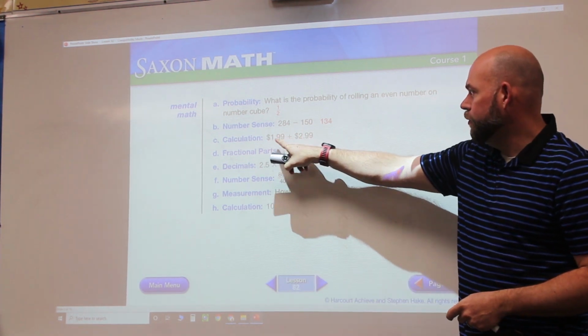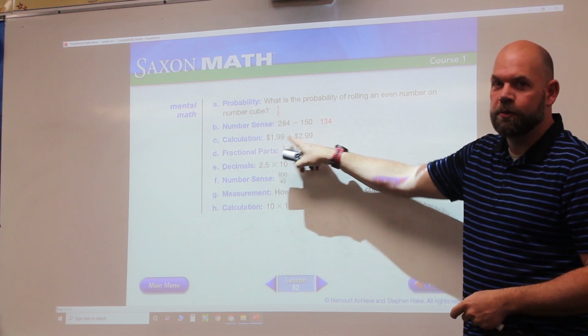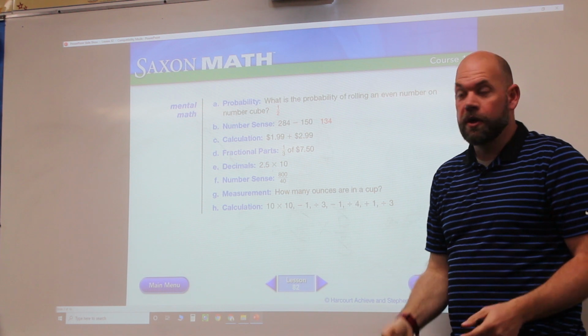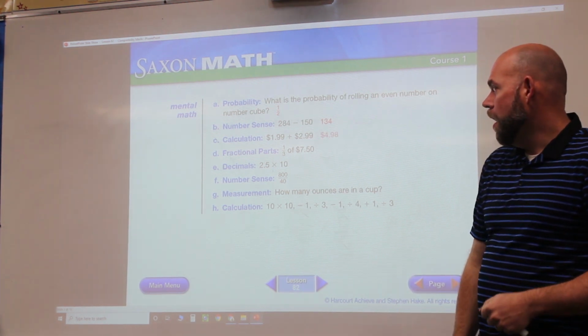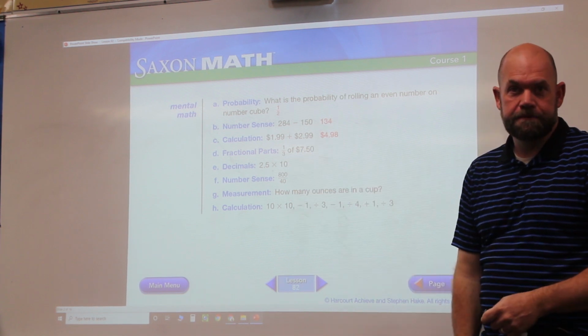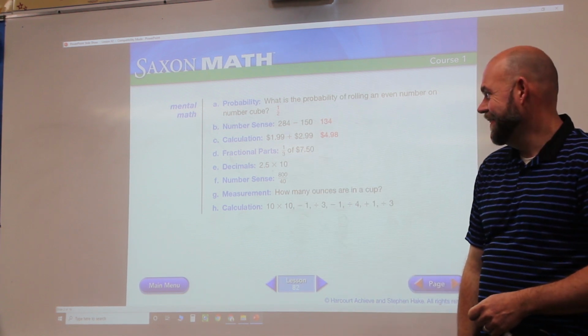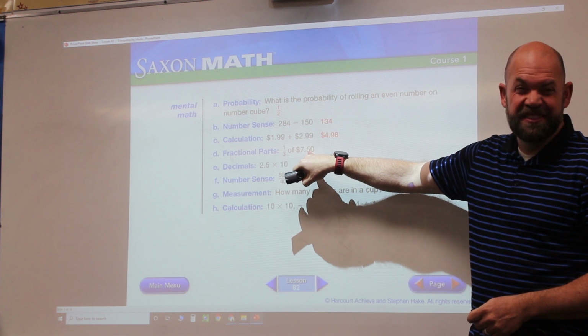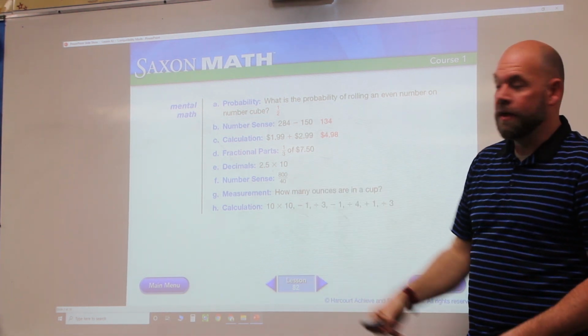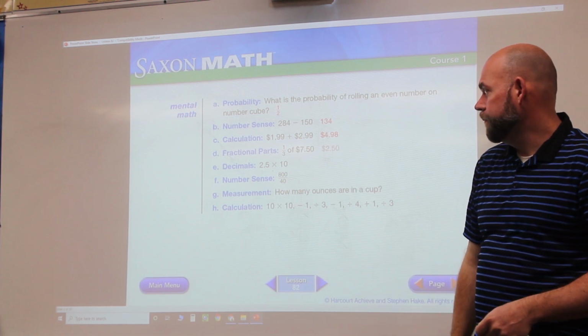So if we round to $2 and $3, $2 plus $3 is 5, subtract the 2 cents, so it's going to be $4.98. On D, what is 1/3 of $7.50? Remember, $7.50, 75 divided by 3 is 25, so we just add the 0 there, and that would be $2.50.